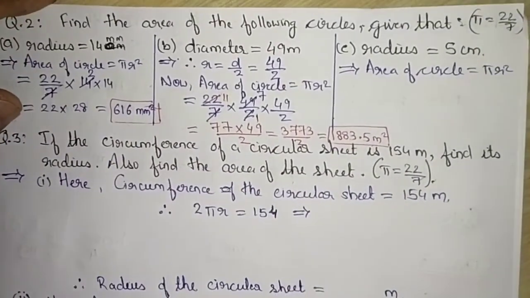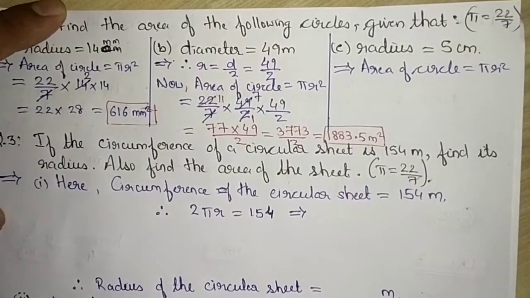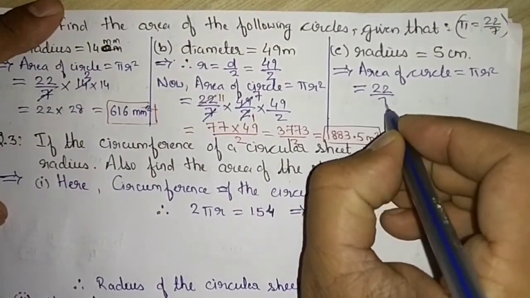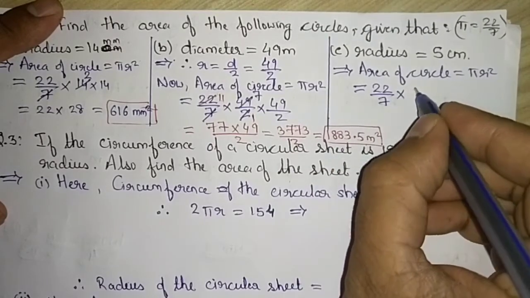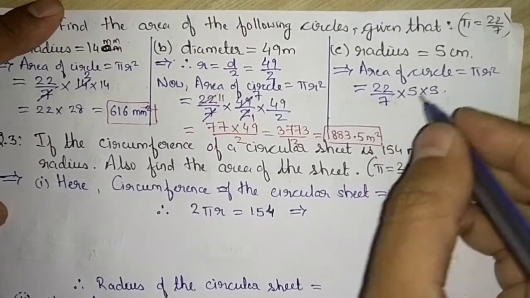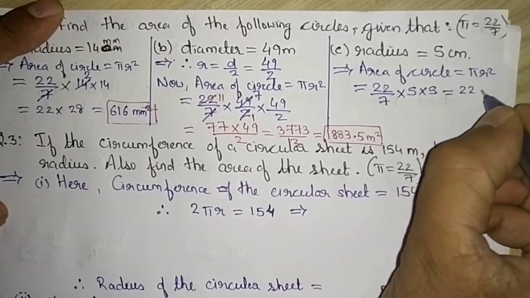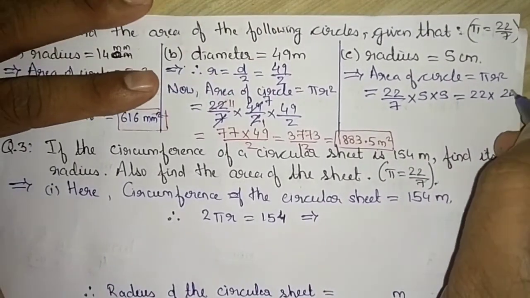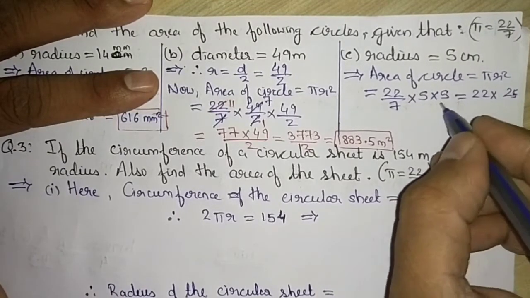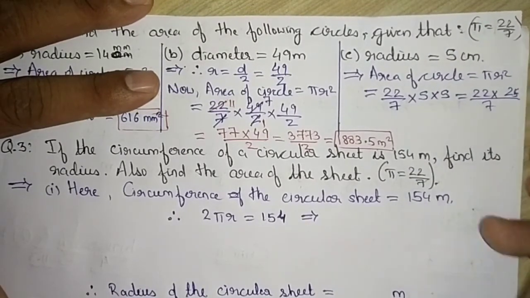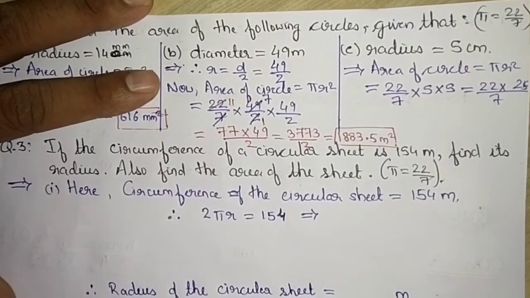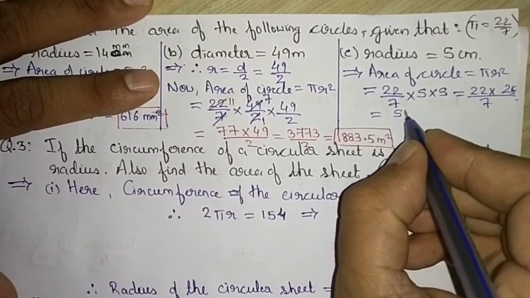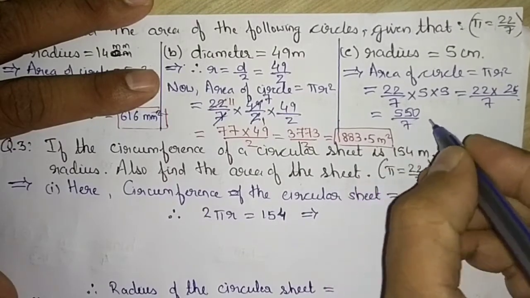Moving to part C, radius they have given is 5. Put it in formula. Pi is 22 by 7 into r is 5 into 5, so it will give me 22 into 25 divided by 7. 25 into 22, when I multiply, I will get 550 divided by 7.